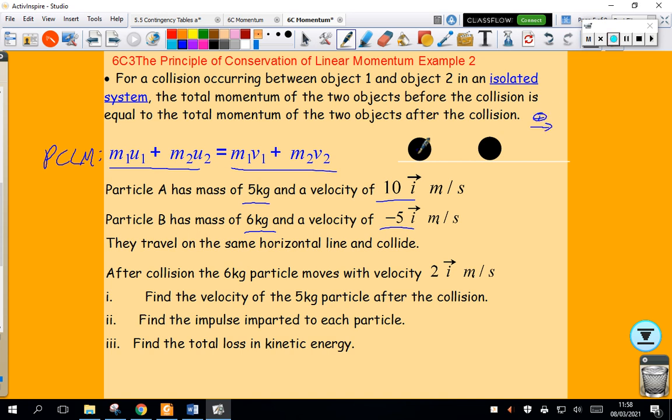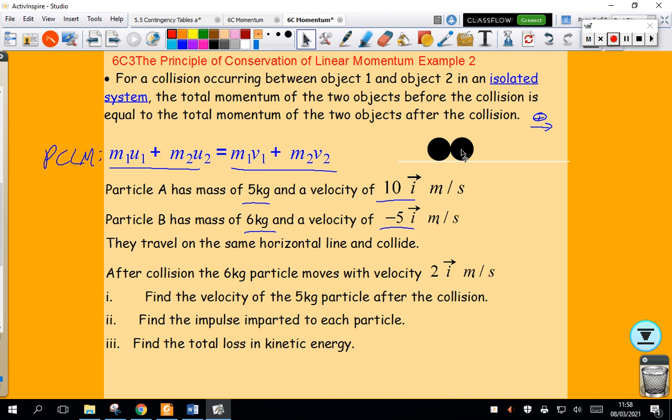So particle A is moving to the right at 10 meters per second. Particle B is moving to the left at negative 5i, at 5 meters per second. And if they're on the same horizontal line, of course, they're eventually going to collide. And we want to figure out some stuff about what happens after collision.